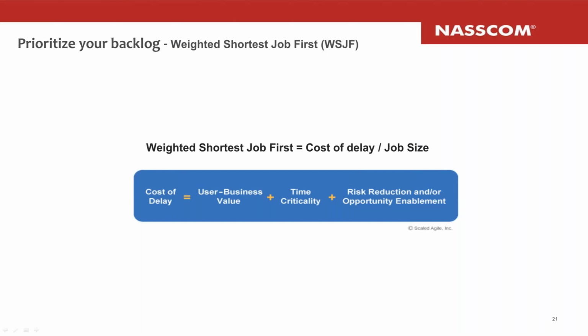Now, this method is obviously also not without flaws. To use the formula, you need the value of the variables, and that's where it gets very tricky, because determining the cost of delay itself can be very tricky, especially on one-time projects.